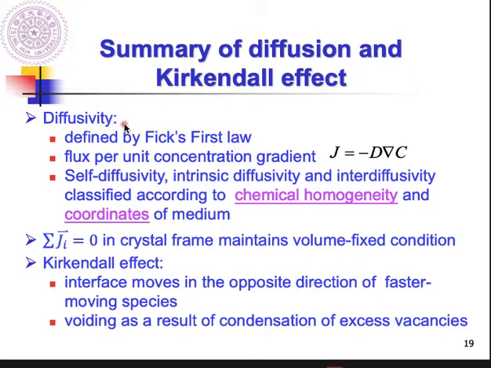In this first section, we talked about diffusivity, which we use to describe how fast the atoms move through your materials. And this diffusivity is defined by the first law, and also based on different chemical homogeneity and different observation coordinates, you can get the self-diffusivity, intrinsic diffusivity, and interdiffusivity.